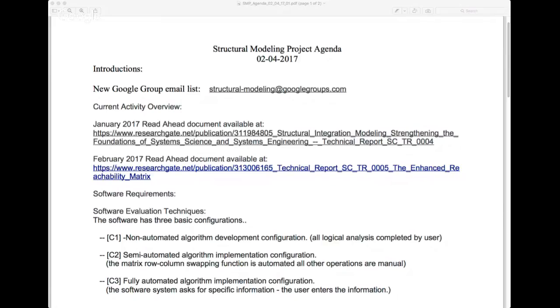We wrote this software so that we could create a visual display of the algorithm as we were working with it. All of the logical analysis and information gathering is completed by the user. Then the user manually enters that information into the matrix, and also manually manipulates the matrix if required.